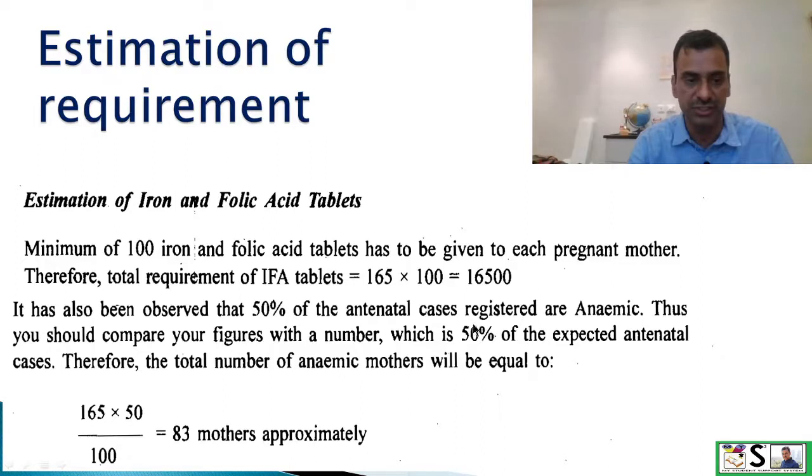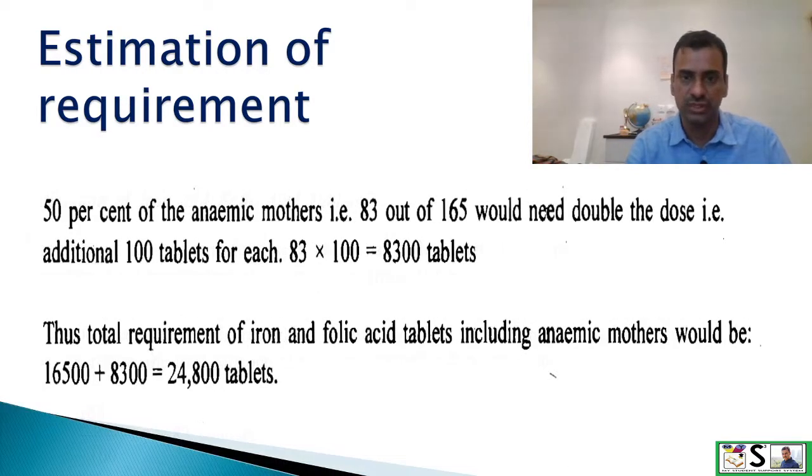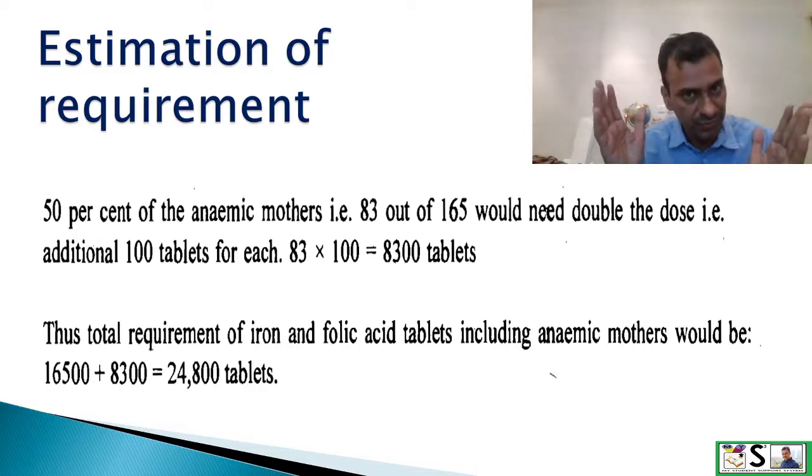So 50% means 165 times 50 divided by 100, so 83 mothers will need 200 tablets. They will need an additional 100 tablets, meaning 8,300 more tablets. So 16,500 plus 8,300, a total of 24,800 tablets will be needed for the year.